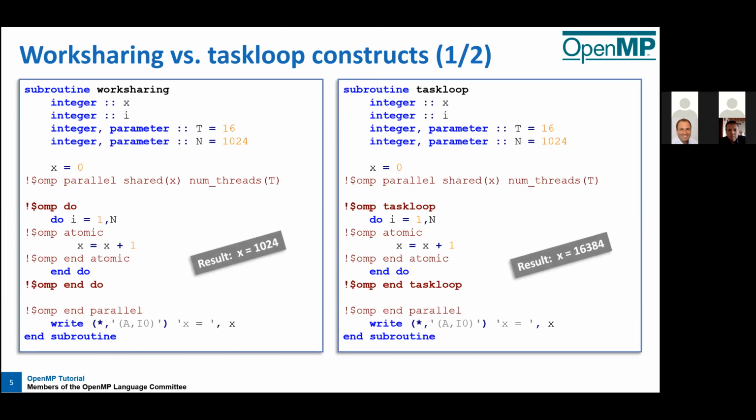Which is the case. In the taskloop example, you may think that you should be getting the same, but you actually get 16,384. Right, and this is the fundamental difference between work sharing and taskloop, because on the right-hand side with taskloop, 16 threads are started here.